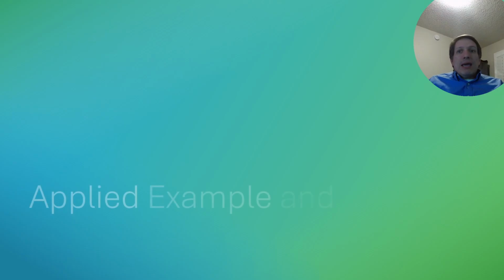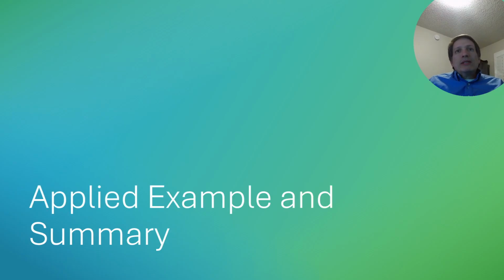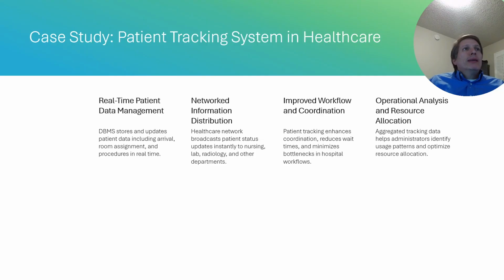Then some examples and summary. A patient tracking system in healthcare is real-time patient data management. Basically, we may have a database management system that is going to be local in the device of that patient, or in the room or where the care is being delivered.